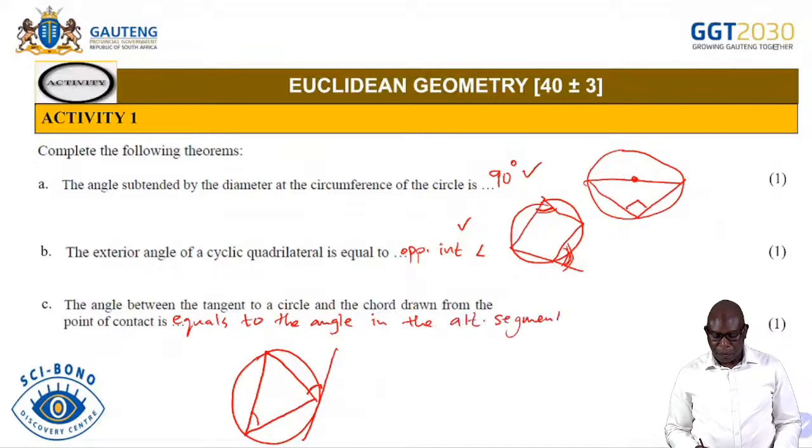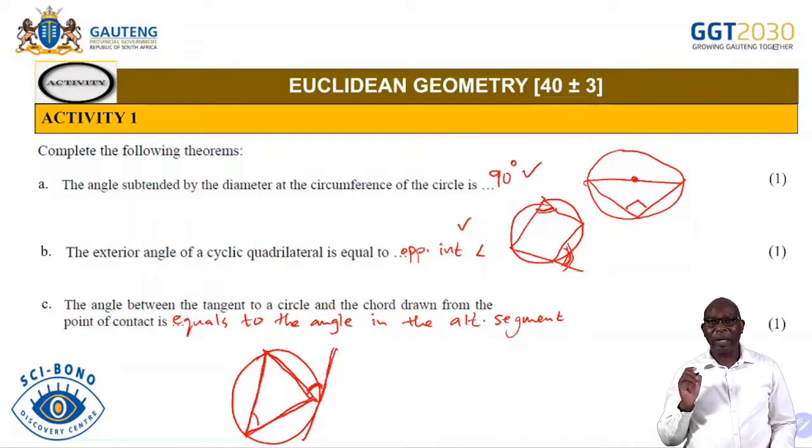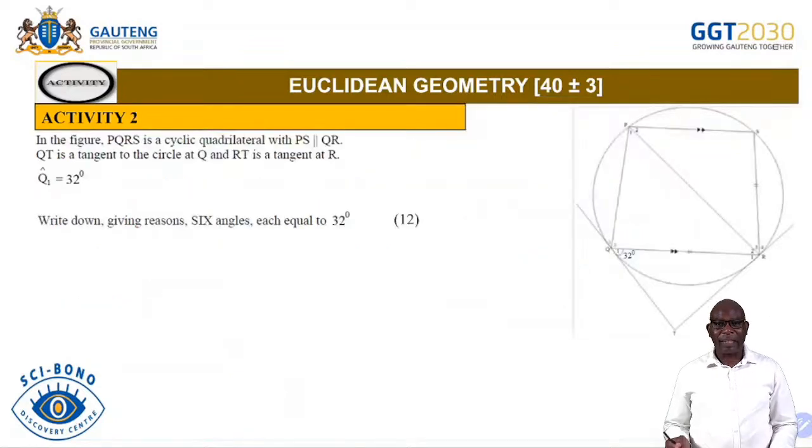Okay, right. So which means that this angle that is formed between the tangent and the chord equals that angle in the alternate segment. So please know the weighting of all the 9 theorems in your Euclidean geometry.